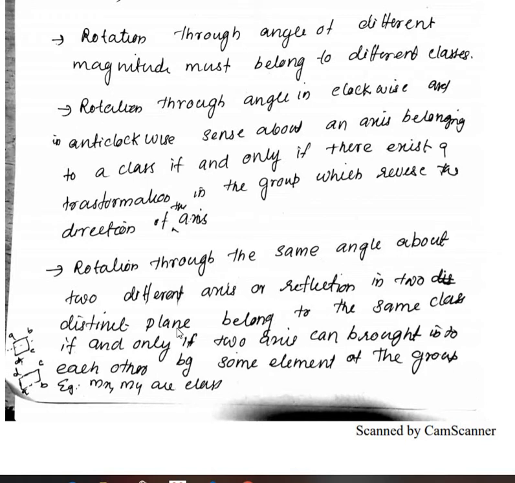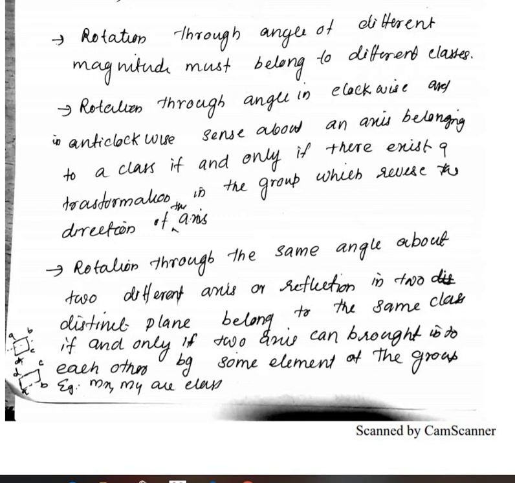Rotation through the same angle about two different axes, or rotation in two distinct planes, belongs to the same class if and only if the two axes can be brought into each other by some element of the group. So from Mx we will get My by the application of C4.